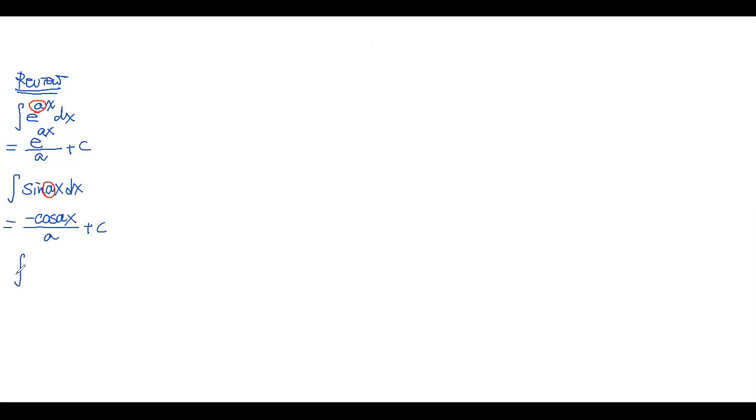In the same way, when you have cosine ax dx, the integration will be sine ax divided by a, plus c. I hope you still remember those. If not, maybe you need to go back and review u substitution to know how you get this.